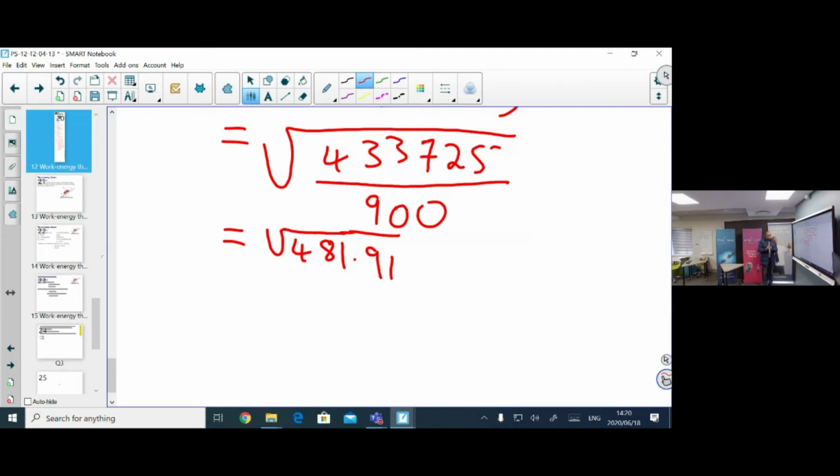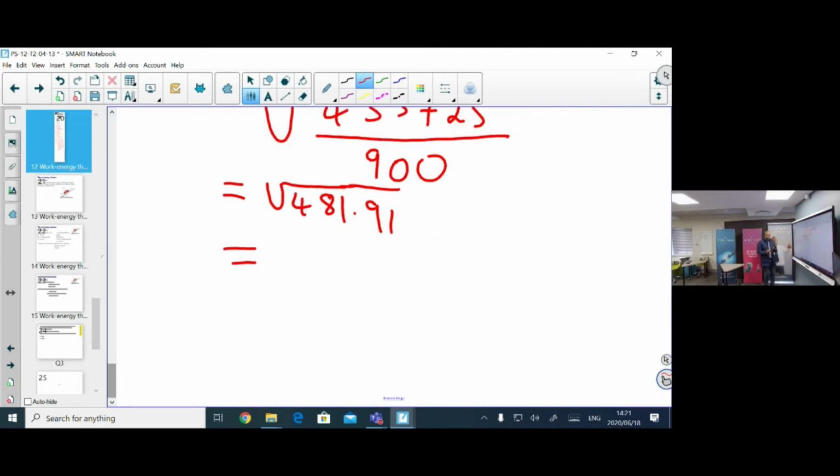Let us use our calculator to get that. The square root of 481.91 is equal to the final velocity, which is 21.95 meters per second.